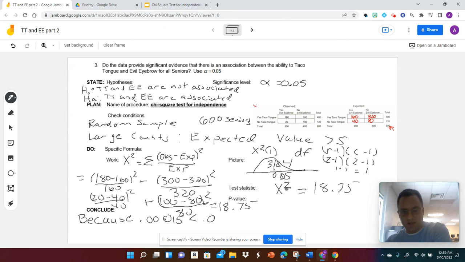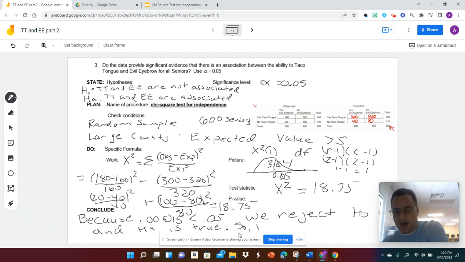Since that is less than 0.05, we reject H naught, our null hypothesis, and conclude our alternative hypothesis, HA, is true. So that means taco tongue and evil eyebrow are associated. Let me put that down there.